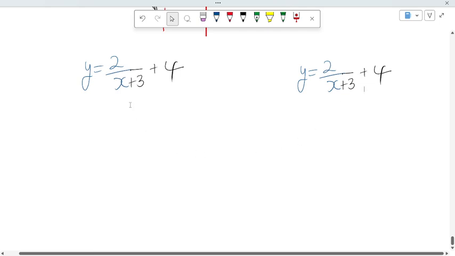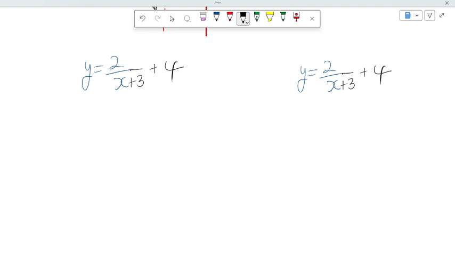So to find the y-intercept, we want the y value, right?